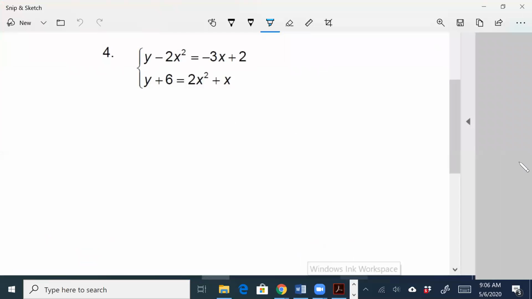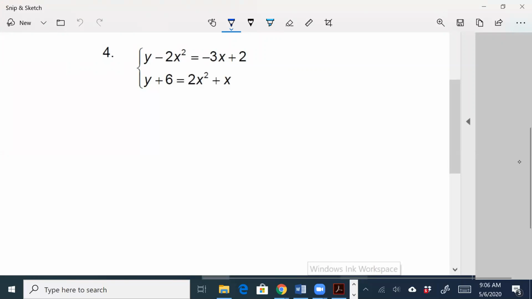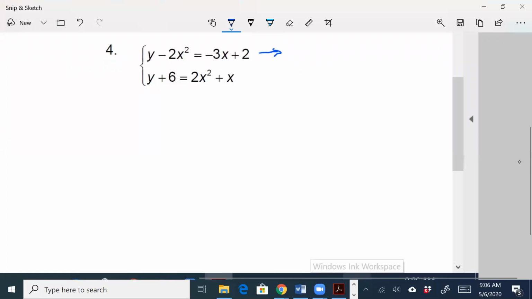So the first thing that I would do with number 4 is I'd want to get everything that are like terms on the same side. I'd take the first equation, let's go ahead and leave it like it is. y minus 2x squared is equal to negative 3x plus 2.